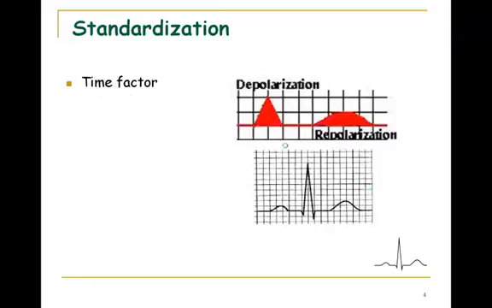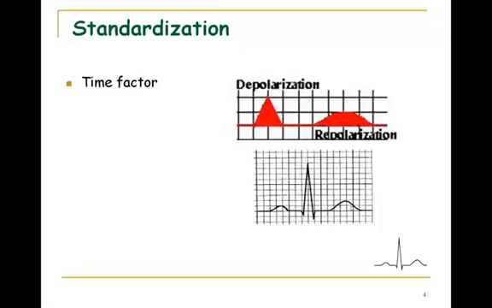Magnitude can also be influenced by timing. How much time did it take for that particular event to take place? On an EKG, the QRS complex represents depolarization of the ventricles, while the T wave represents repolarization of the ventricles.